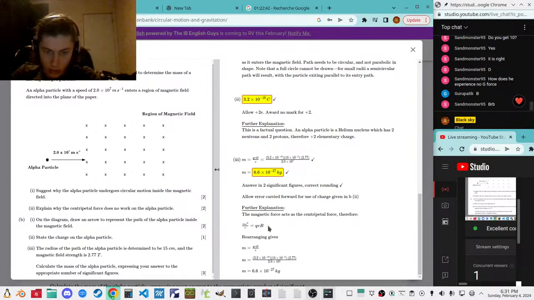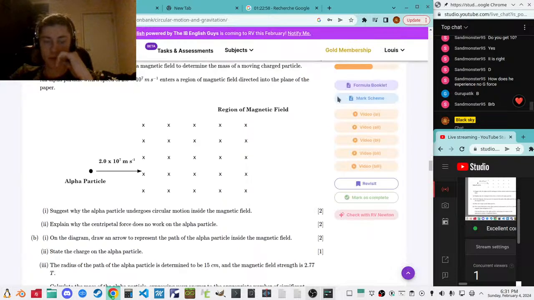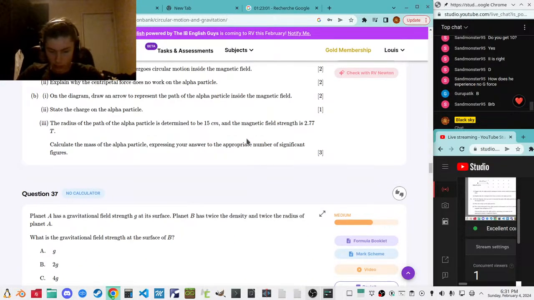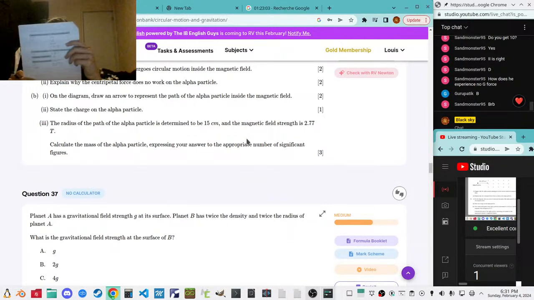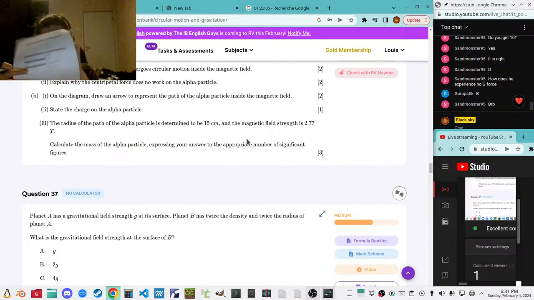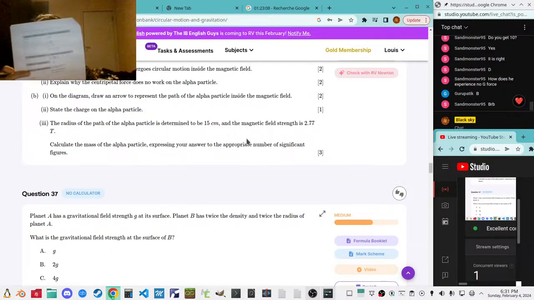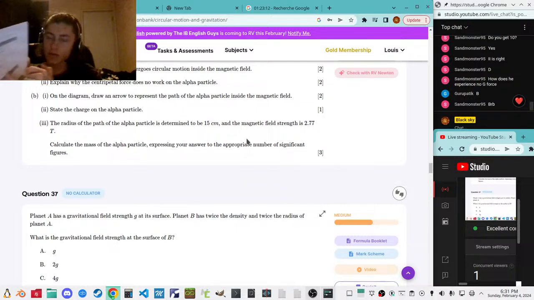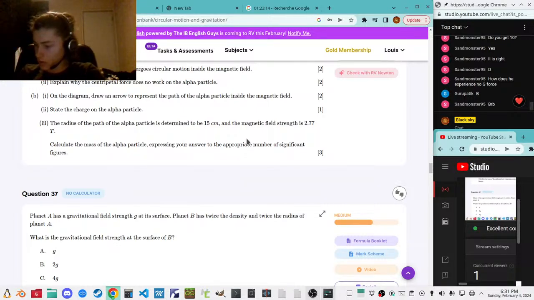You know Q. I guess you know, rearranging m = QBr/v. That makes sense. I just couldn't be bothered to look at the other pages. This would be in topic 5, 5.4.